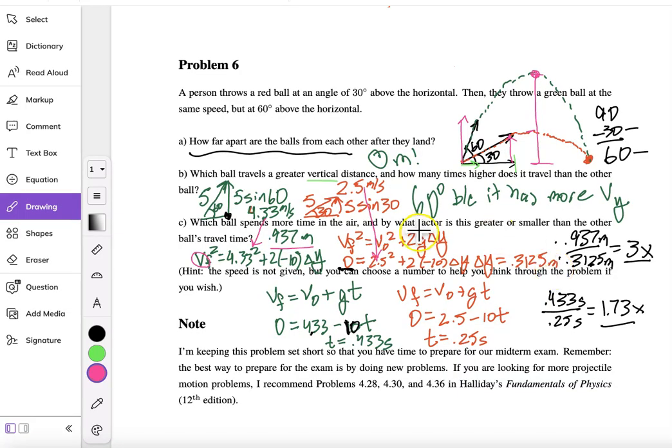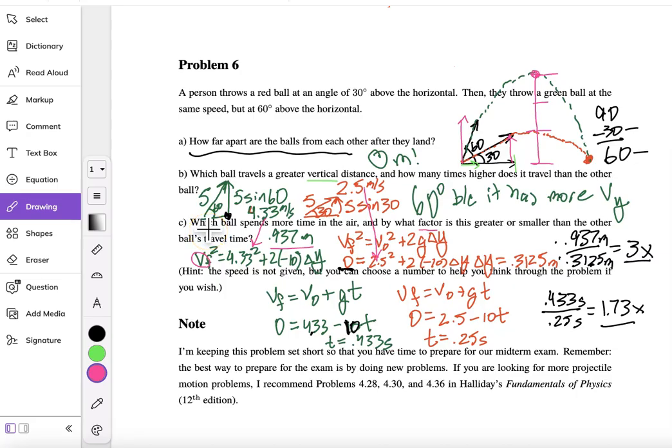To find that factor, we just divide the two. So 0.937 divided by 0.3125, and you end up with 3. It goes 3 times higher. You'll notice there's 1, there's 2 heights, and then there's that third, so 3 times higher than the 30 degrees.